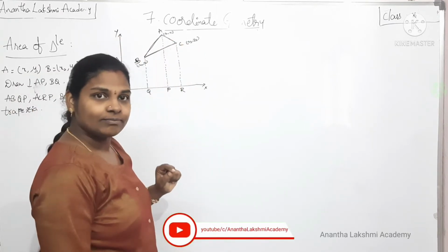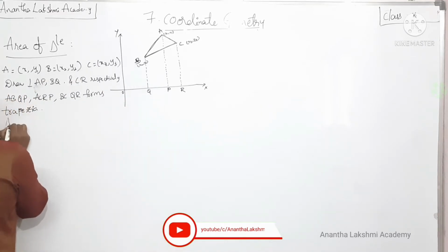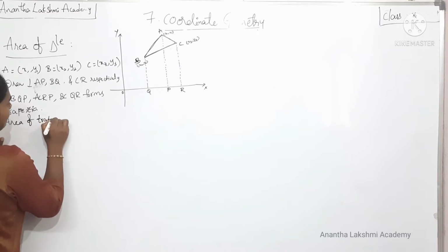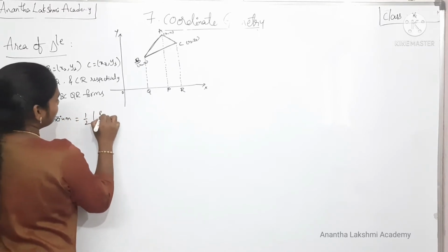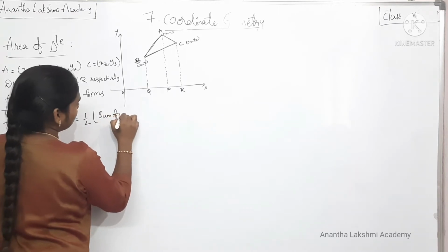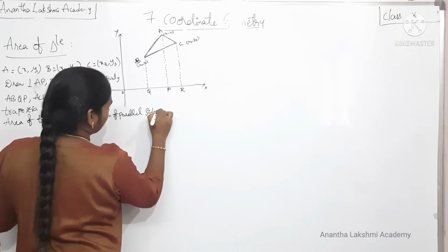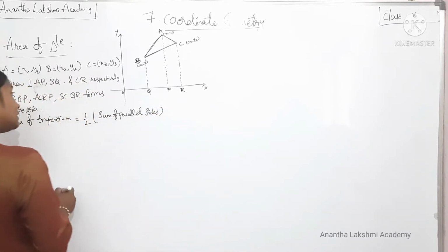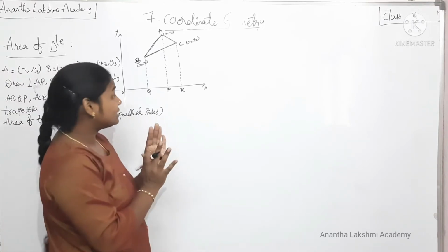That will give me the triangle, right? So, the area of a trapezium is equal to, what is the formula? Half into the sum of parallel sides, whichever are parallel.